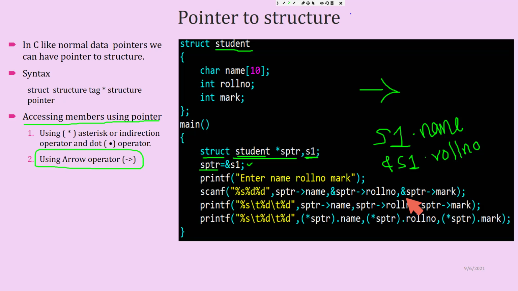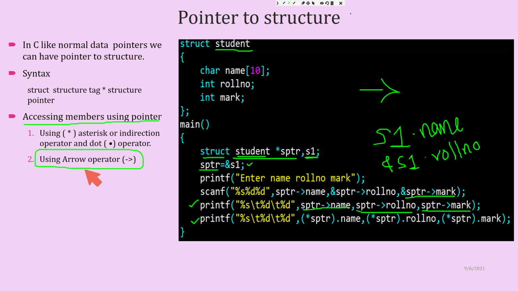Similarly, here I am reading mark. I have written two print statements. In the first print statement, I am using arrow operator. Earlier I used S1 dot name, S1 dot roll number, S1 dot mark. Since I am using a pointer, I can use pointer followed by arrow operator followed by the members.